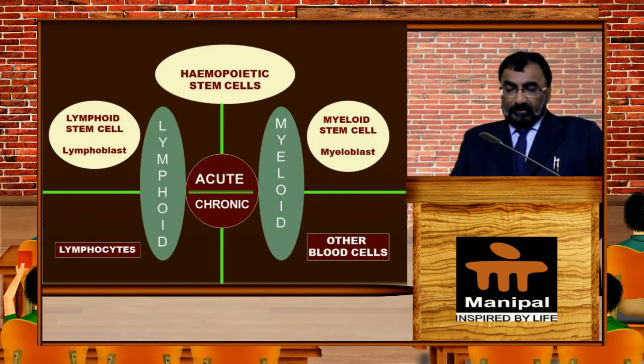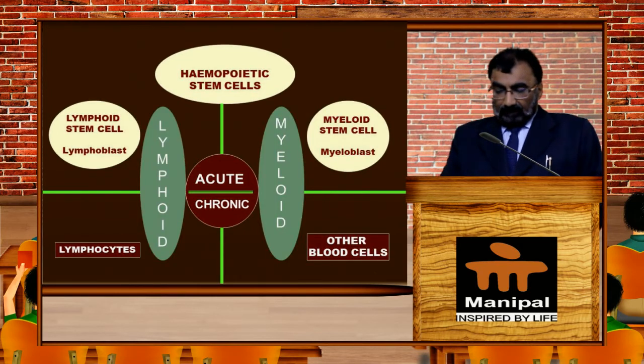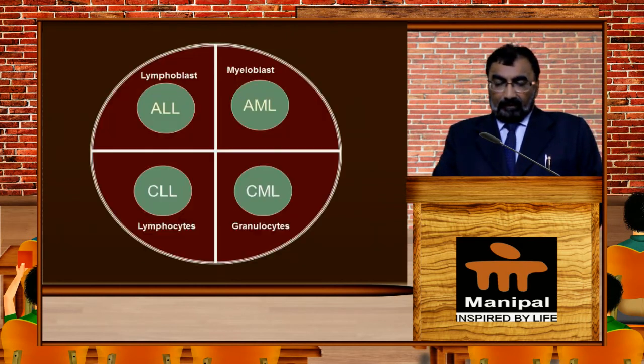And this is what has been shown in this picture, and there are myeloblast and lymphoblast. These are the four major types of leukemias: acute lymphocytic and acute myeloid leukemias, chronic lymphocytic leukemias, and chronic myeloid leukemias.